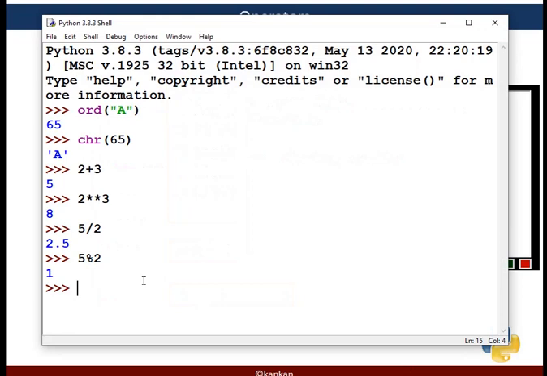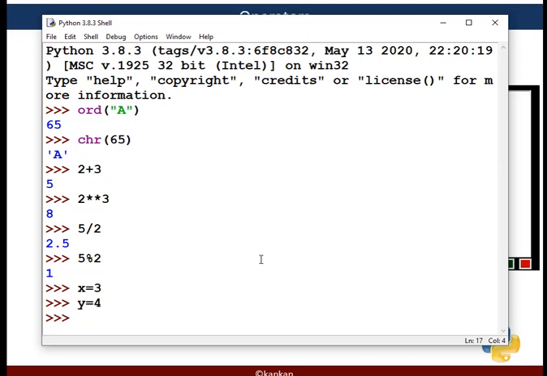Now test it in code. I am giving an example: x equals, suppose, 3. So 3 is assigned to the variable x, and y equals 4.